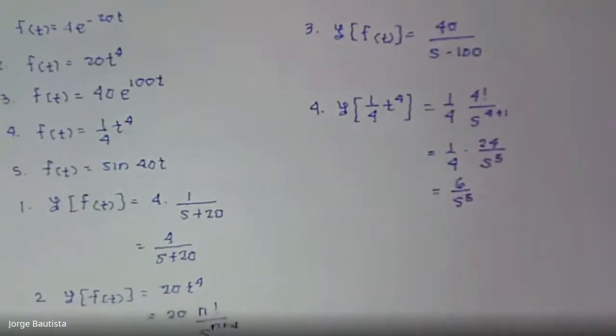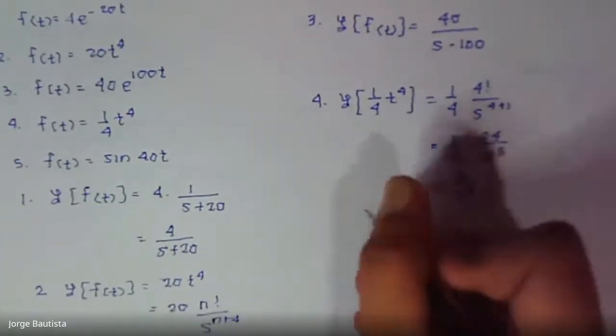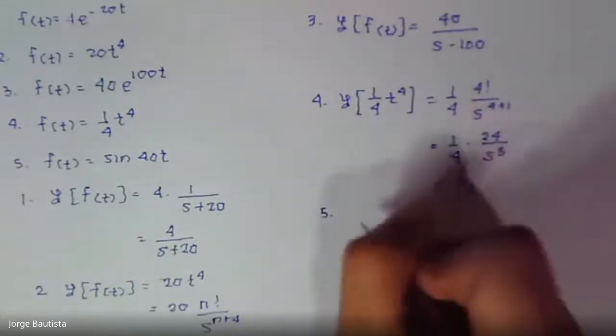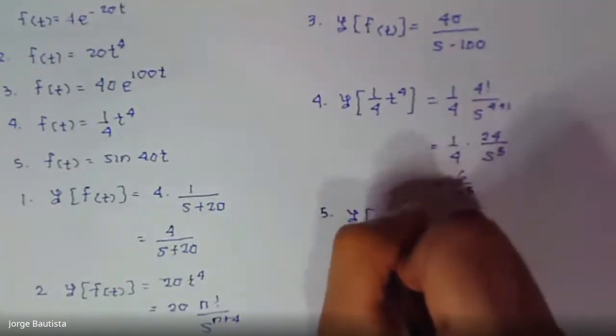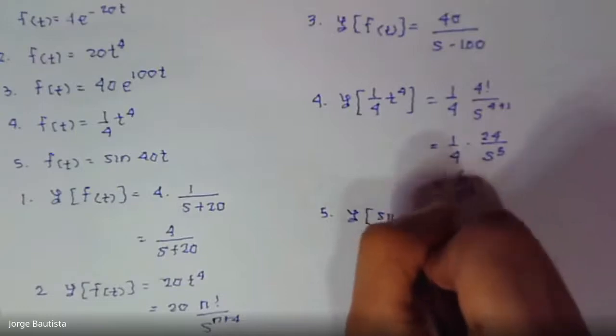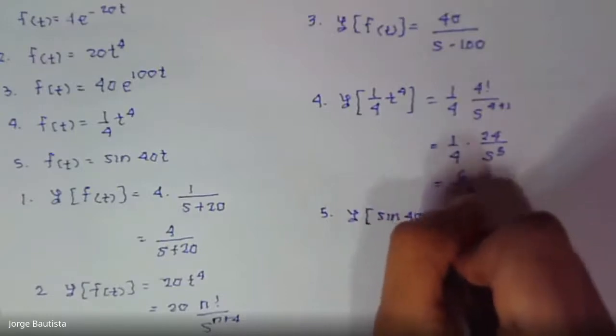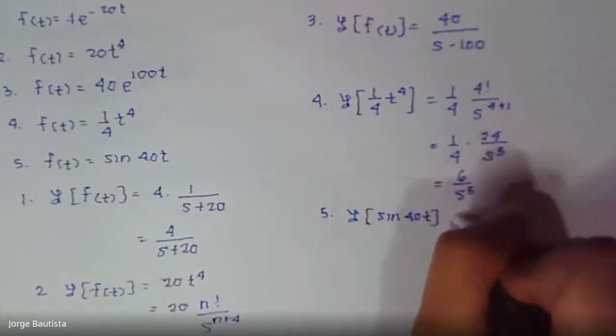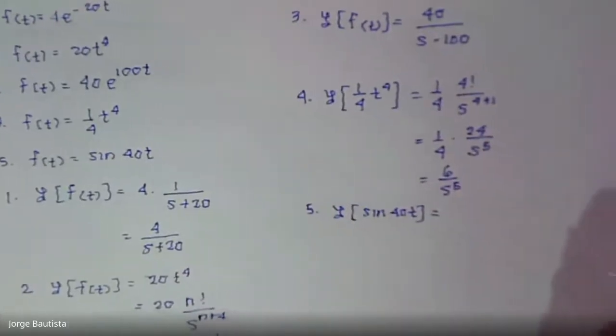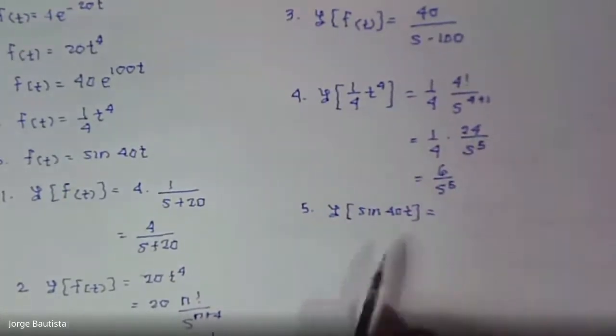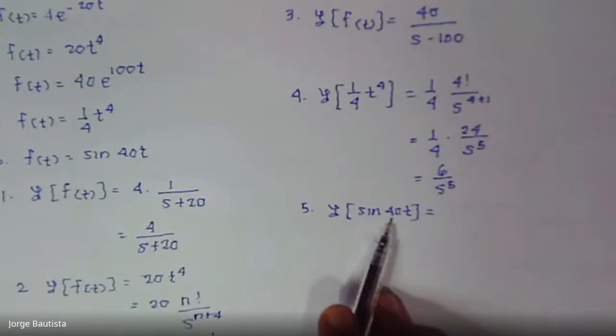Okay, that's number 4. Number 5, you have Laplace of sine 40t. Na-derive na natin kanina yung sine, that is omega over s squared plus omega squared.